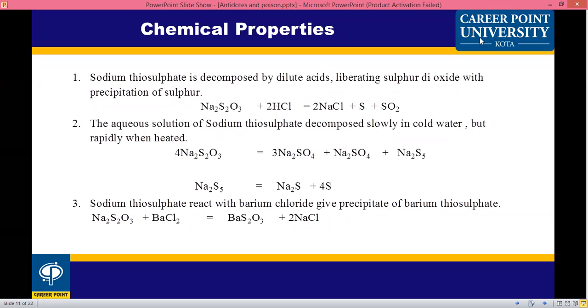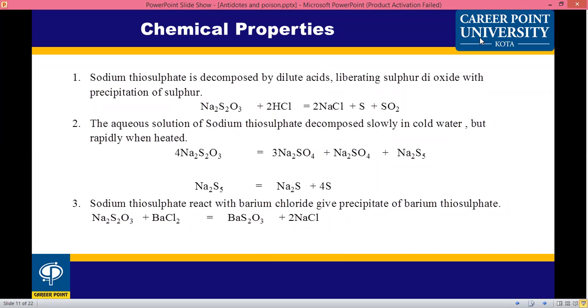If sodium thiosulfate is treated with dilute hydrochloric acid, sodium chloride and sulfur are formed. When decomposed by hydrochloric acid, sulfur dioxide is liberated, and sulfur precipitates along with sodium chloride.